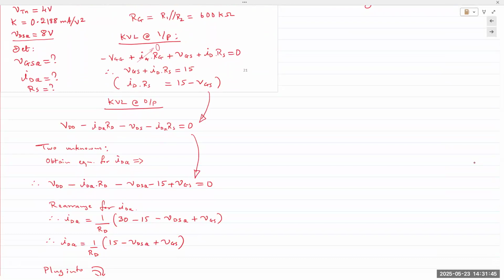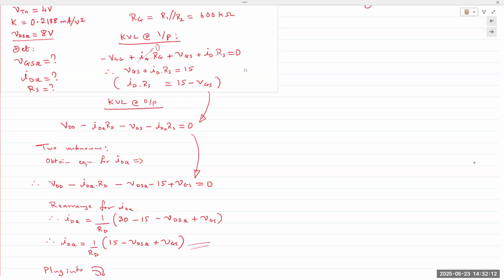We want to solve for ID and VGS. Right now we don't have VGS, but you can find VGS later on. So we rearrange all the terms to obtain it in the form for IDQ. Once we obtain it for IDQ, then we plug in all the known values, which are VDD and VGG.